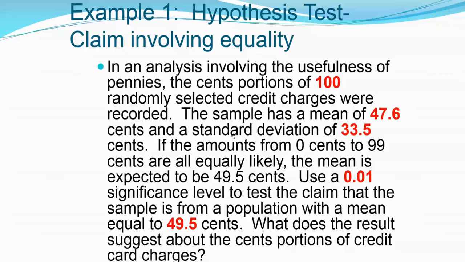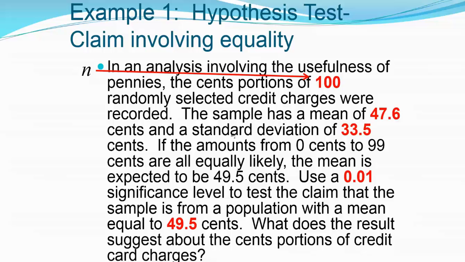If the amounts from 0 cents to 99 cents are all equally likely, the mean is expected to be 49.5 cents. Use a 0.01 significance level to test the claim that the sample is from a population with a mean equal to 49.5 cents. What does the result suggest about the cents portions of credit card charges?